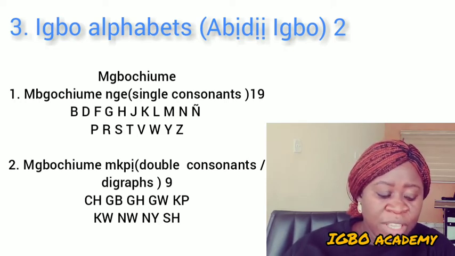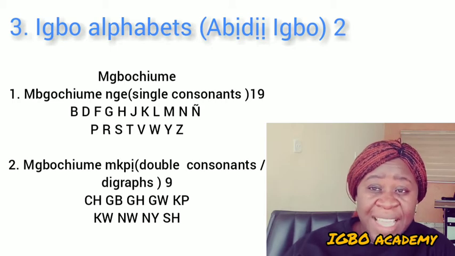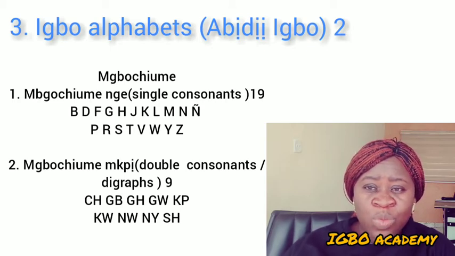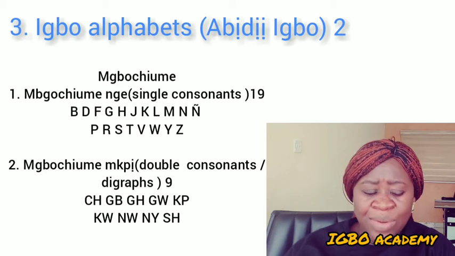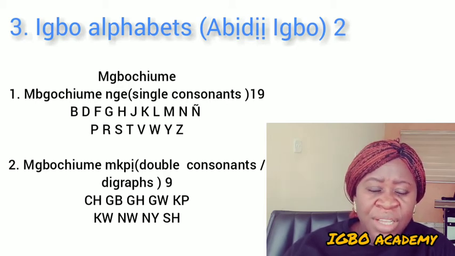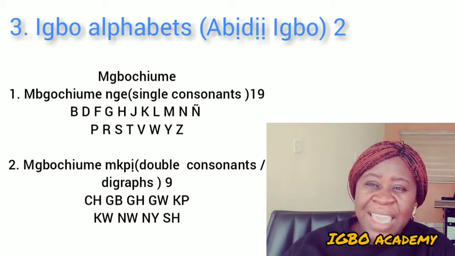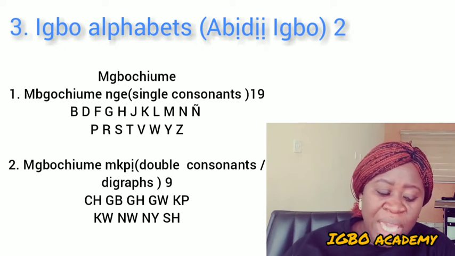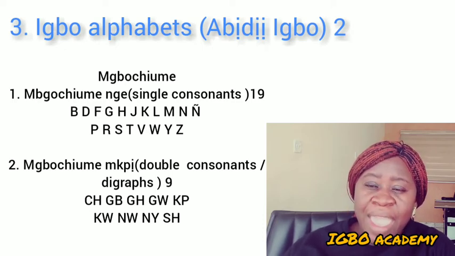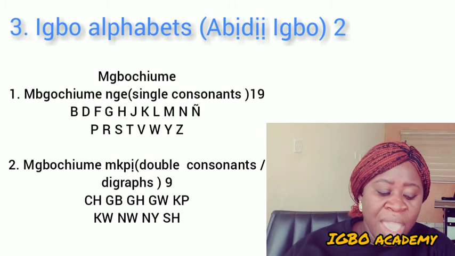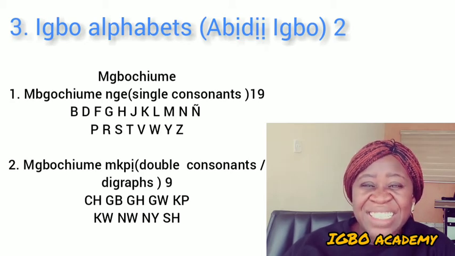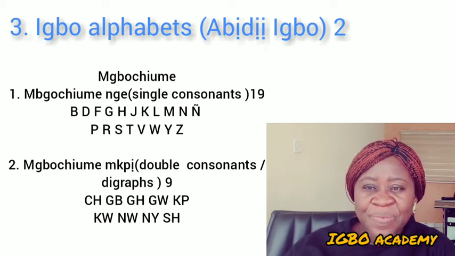So I'll go through them again. There are 9 mbochume mpe, which are the double consonants or digraphs: CH, GB, GH, GW, KP, KW, NW, NY, SH.